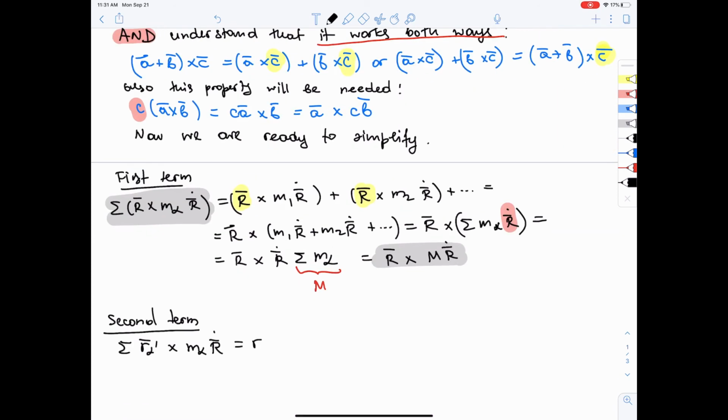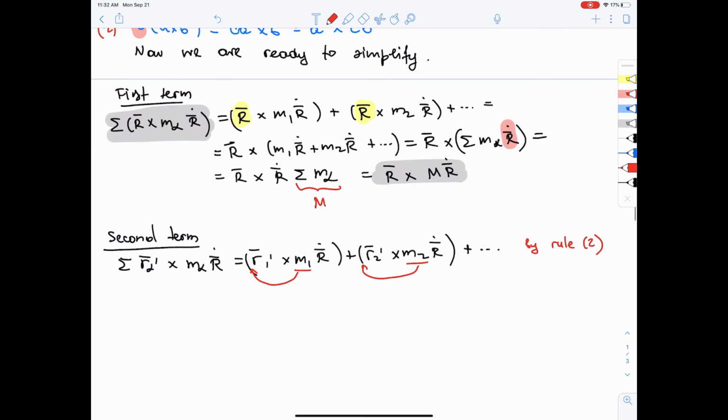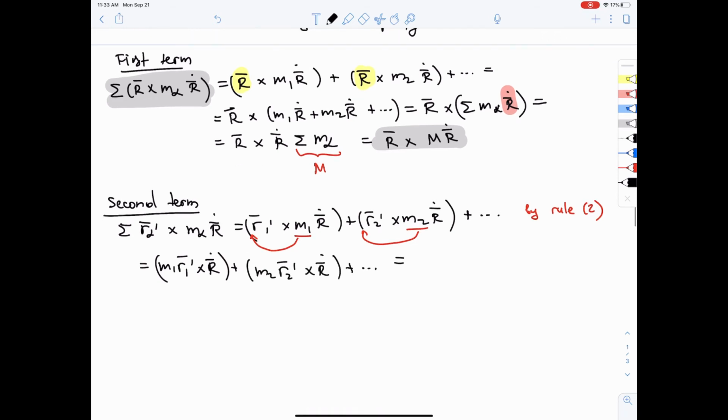The second term is a bit more involved, not too much actually, because once you figure out how to use the distributive property of the cross product properly, it becomes easier. The important thing to recognize is that R dot is not dependent on alpha, and each of the little m's is a scalar, so they can also be brought forward.